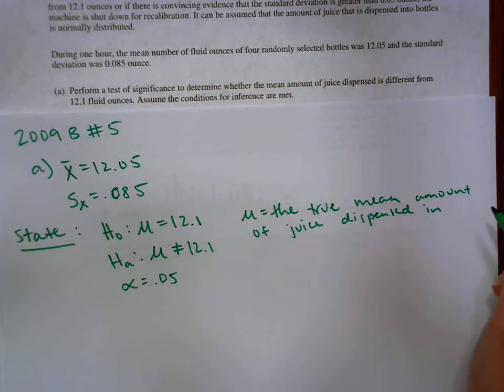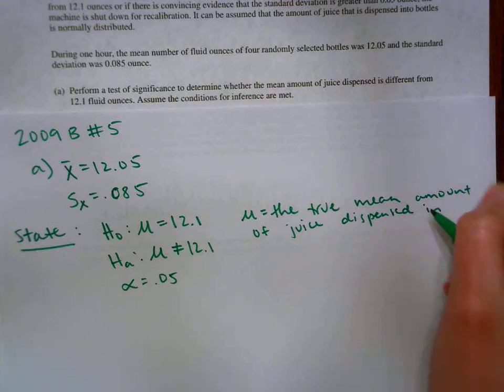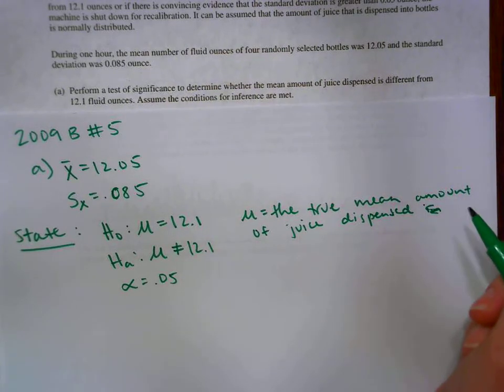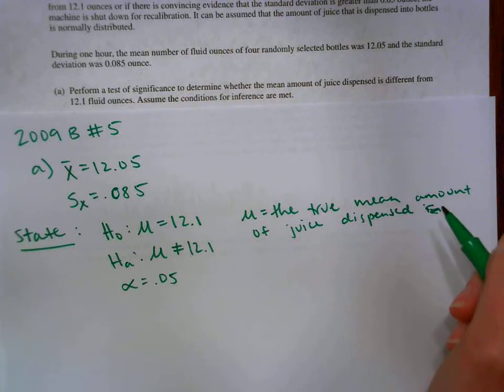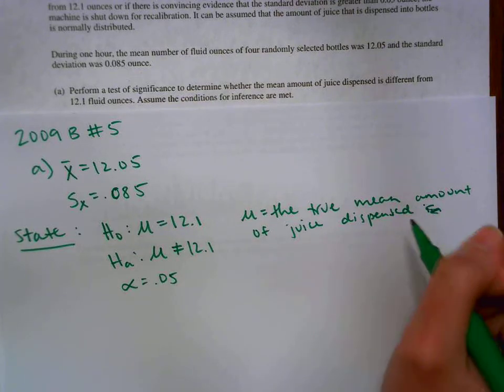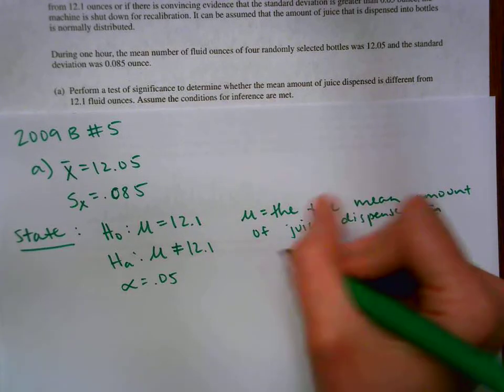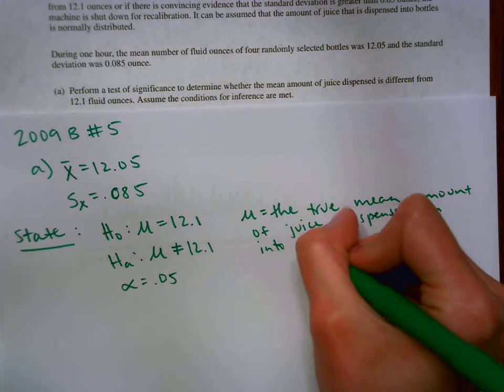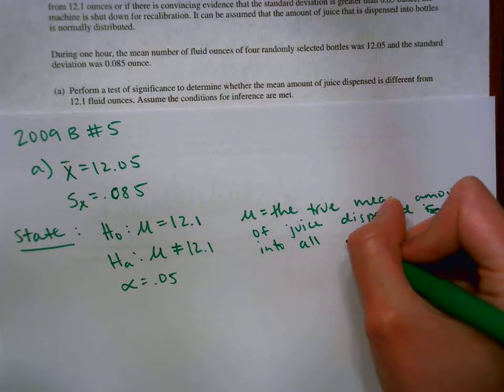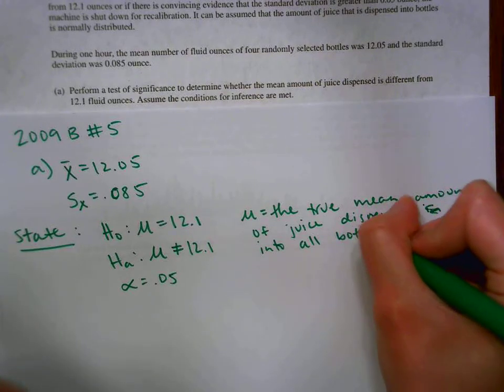It's the true mean amount of juice dispensed. Maybe I could even say into all bottles, right? I'm not just talking about the 4, but into all bottles.